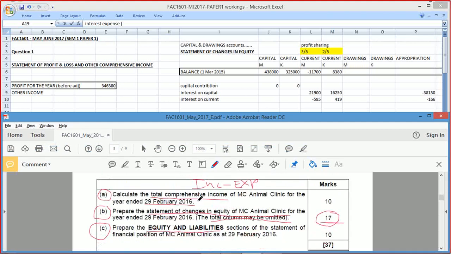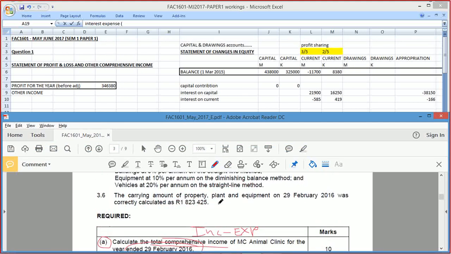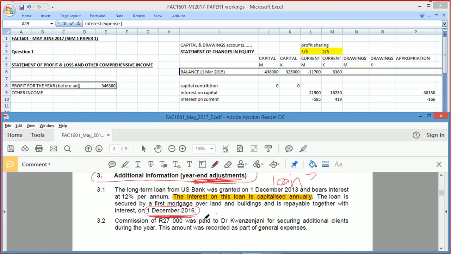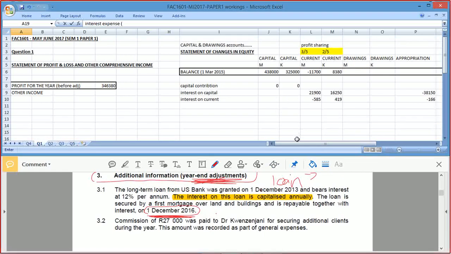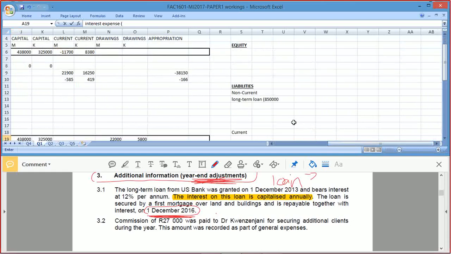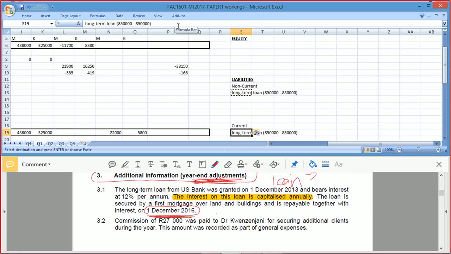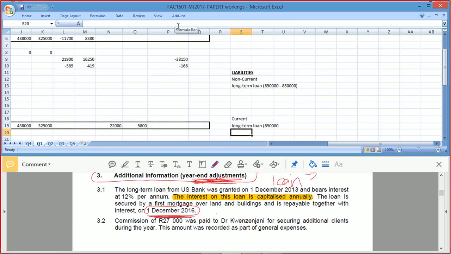So is this loan long-term still? No, this loan is now short-term. Right, so what you need to do to fix disclosure, you would minus 850 here, and then you would show 850 there, because it's an adjustment for the actual timing of the repayment of the loan.